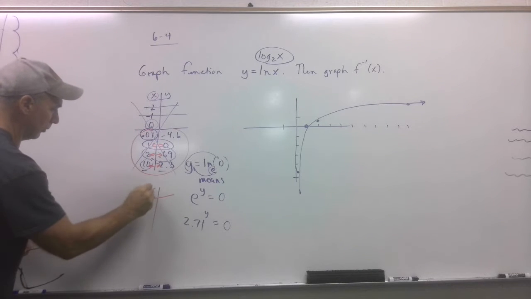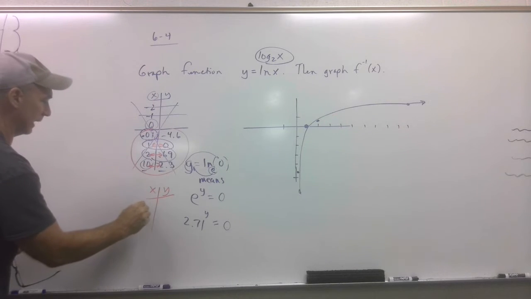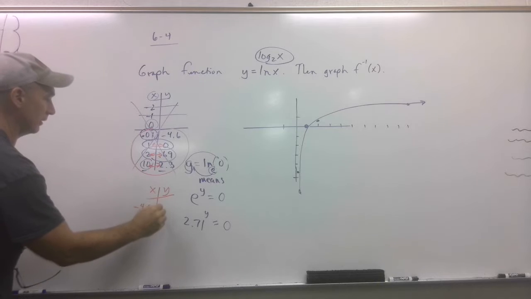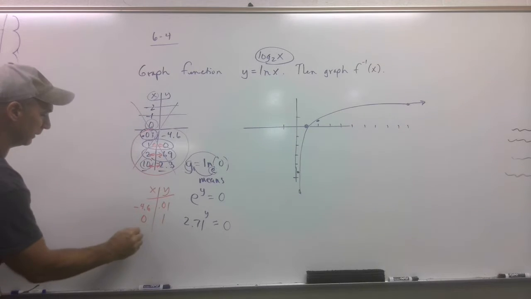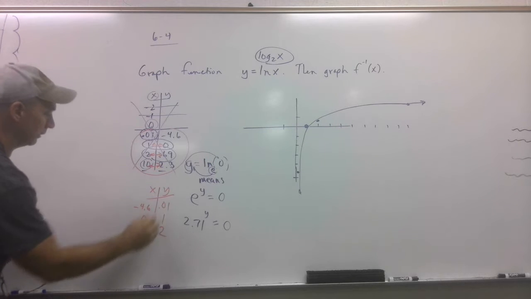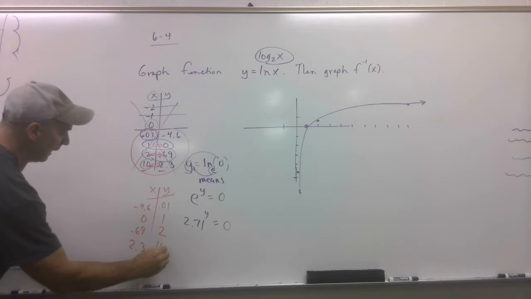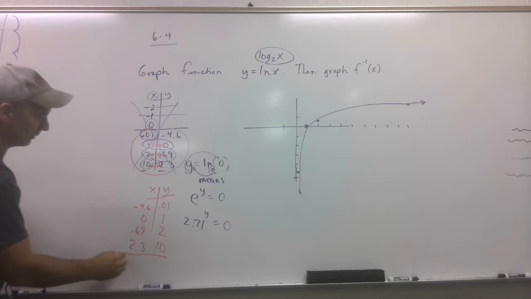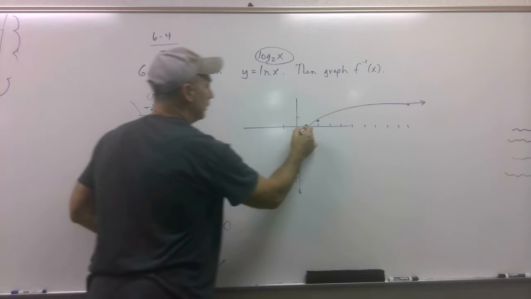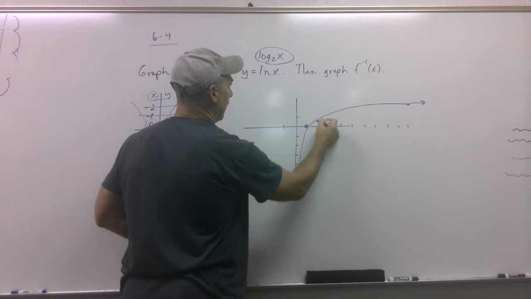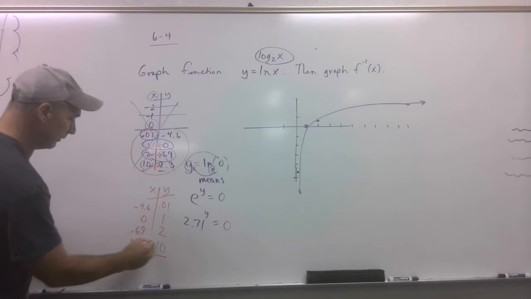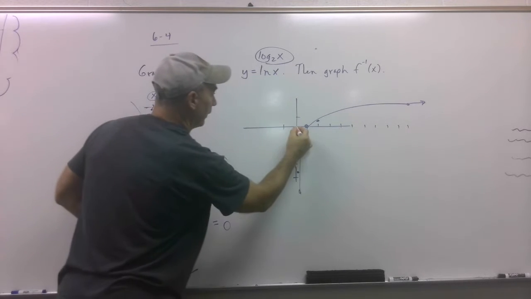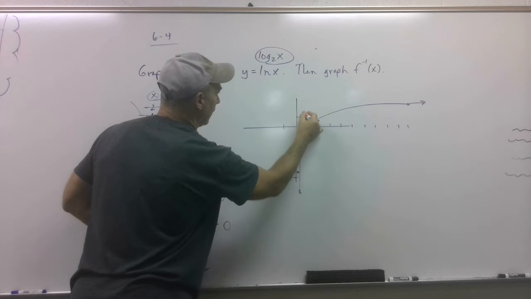So I'd go, okay, let's start with -4.6 to 0.01, and then 0.1, and then 0.692, and then 2.310, and graph these. So let's start with 2.310. 2.3 would be here, 10 would be up here, I'm guessing. 0.692, that's a little over halfway, and then up 2.